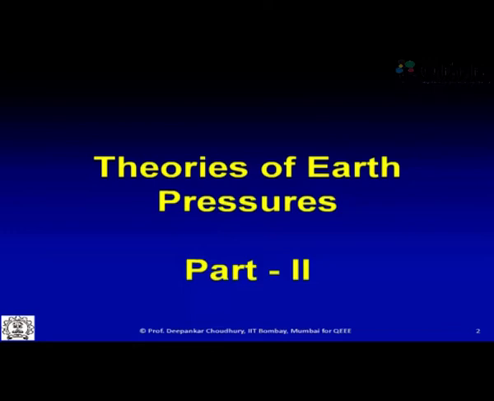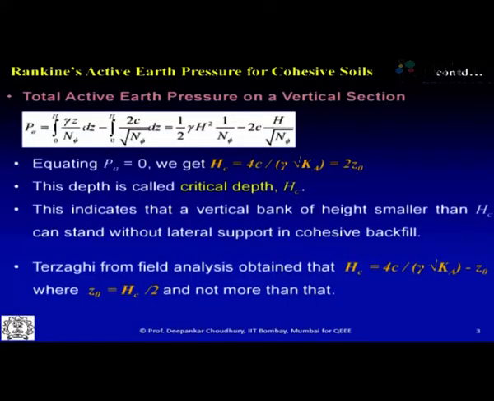We were discussing various theories of earth pressures, and for that we first started with Rankine's earth pressure theory, and then we saw the derivation for the C-phi soil, or cohesive frictional soil.